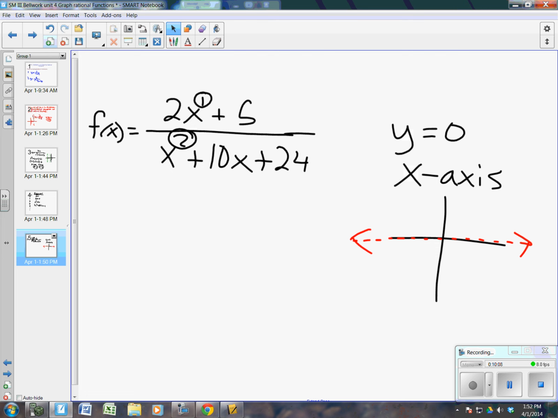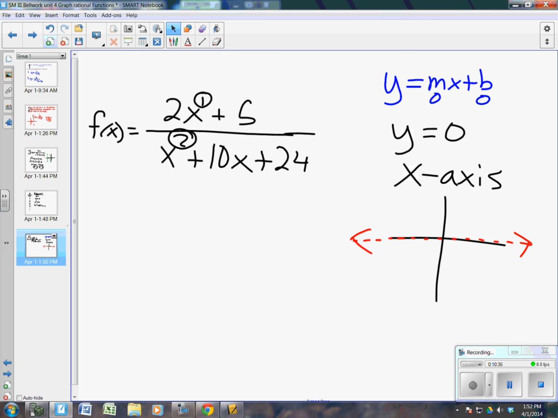Because some of you guys forget that sometimes. If you think about it in terms of slope-intercept form, y equals mx plus b, if you think about the slope being 0 and the y-intercept being 0, you get y equals 0. If it has a slope 0, then it's a horizontal line. If it has y-intercept 0, it crosses the y-axis at 0. And so that's why it's that line right there.